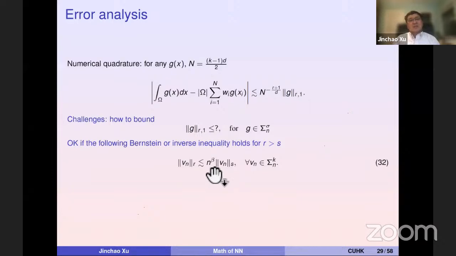This is what we call the Bernstein inequality, or in finite element, the inverse inequality. If this estimate is true, then you can do some analysis. There are some papers saying, suppose this estimate is true, we can do the analysis. This is pretty much the standard approach, something you have to get around.